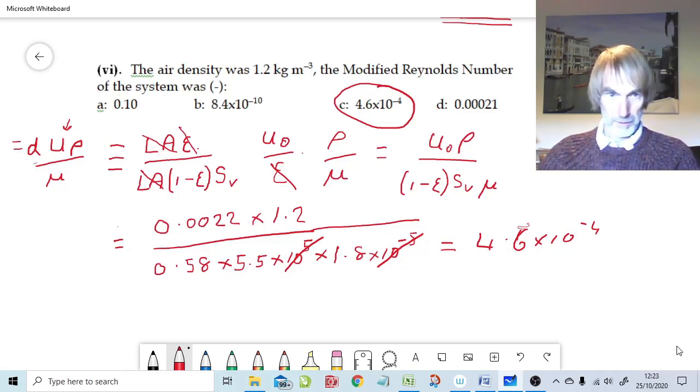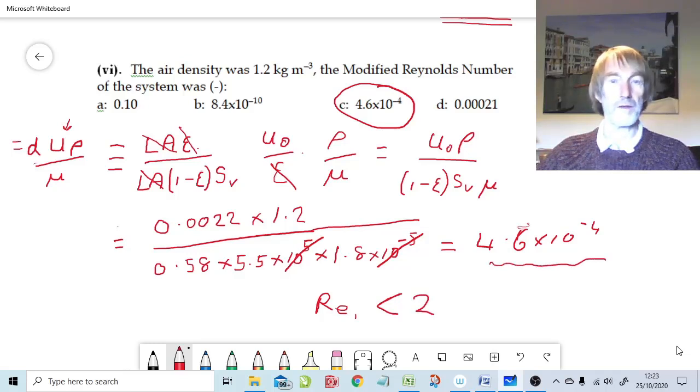In modified Reynolds number terms, the value we use for the threshold for significant turbulence is 2. Not 2000, just 2. So is our modified Reynolds number of 4.6 times 10 to the minus 4 less than 2? It's massively less than 2. So we're expecting very, very little turbulence inside our porous media.